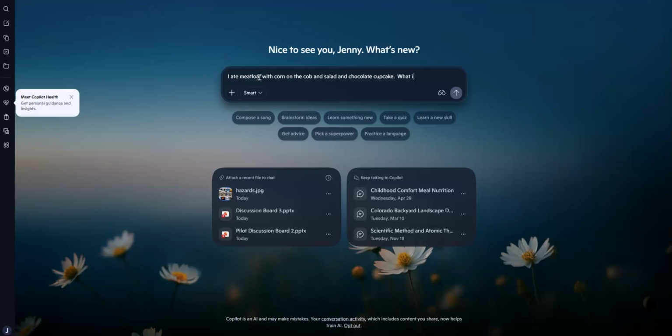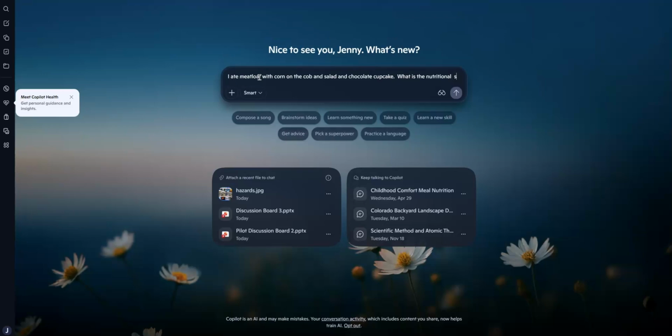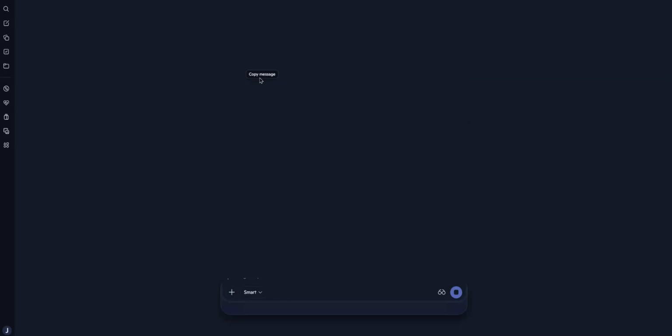And then I'm going to type in, what is the nutritional value of this? What are the nutritional strengths and weaknesses of this meal? Okay.